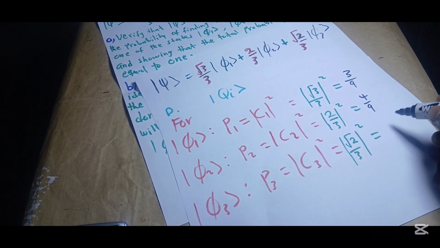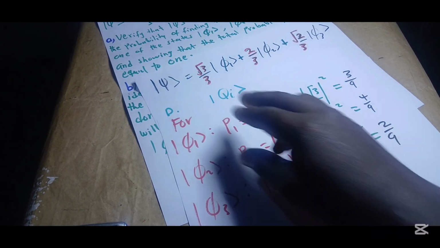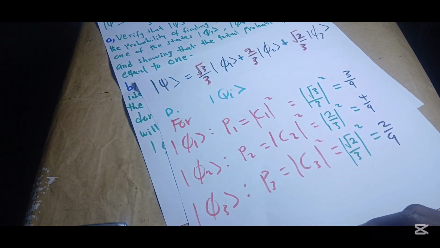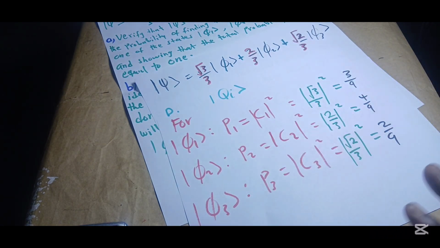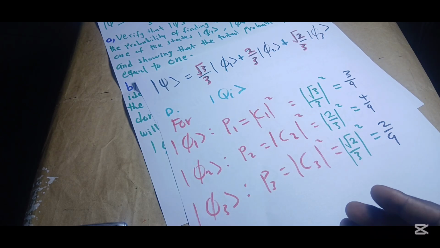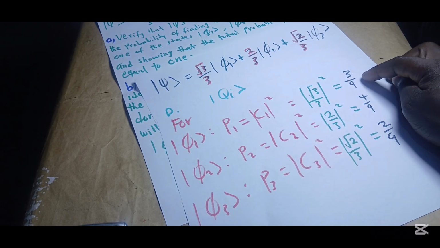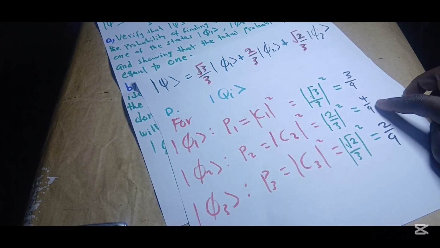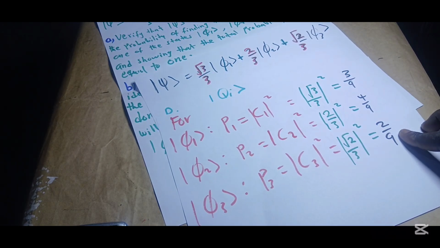And this is going to give us 2 on 9. Remember, for the system in state psi to be normalized, the absolute squares of all the coefficients should give us 1. So these are the probability contributions of phi 1, phi 2, and phi 3.